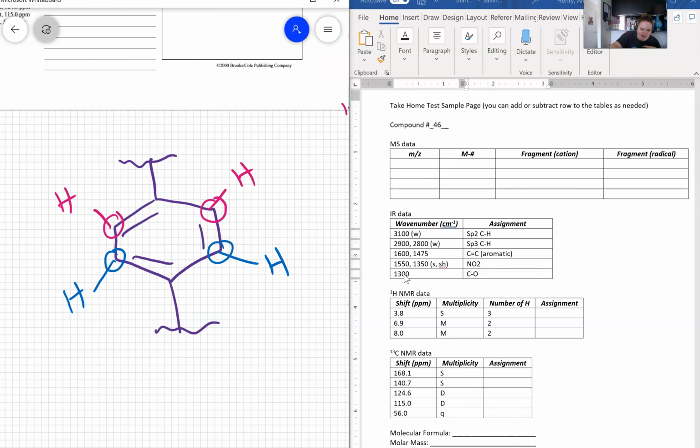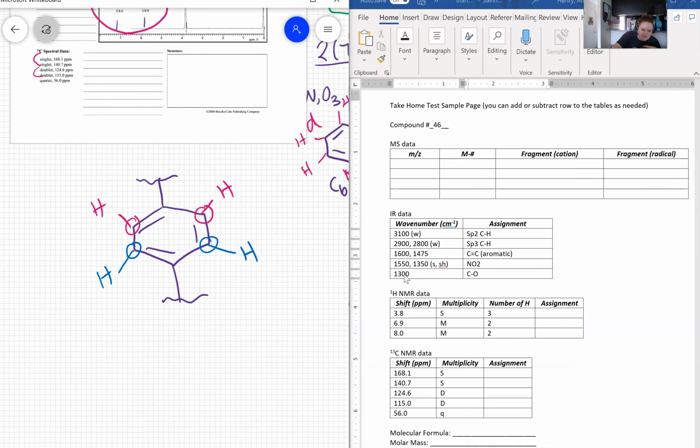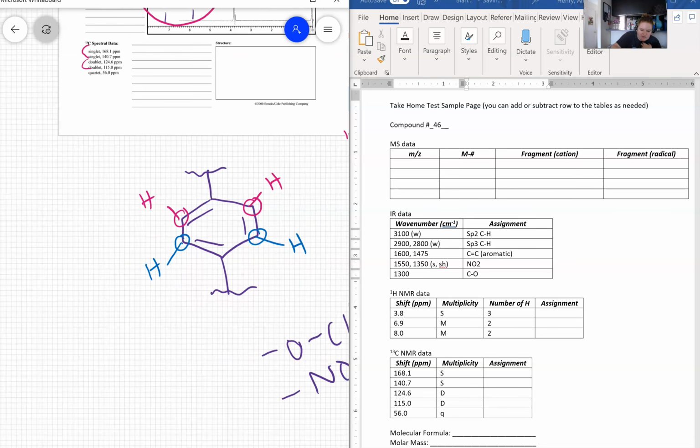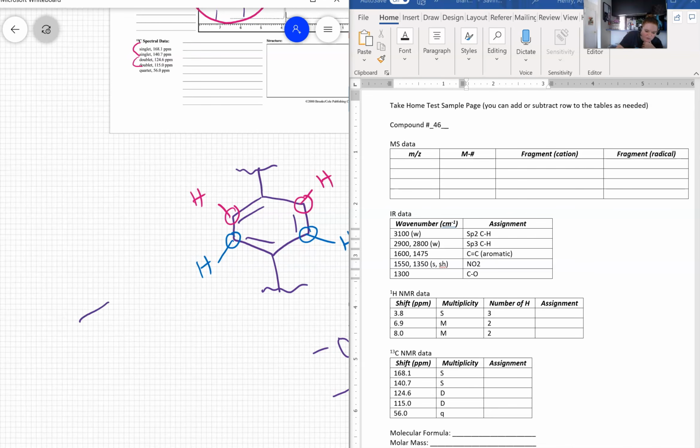We knew that we had a methyl group. We just didn't quite know how it was attached. But now it makes sense that we would have a methoxy group and a nitro group. So that kind of brings our whole structure into play. We have an NO2, we have a methoxy group.